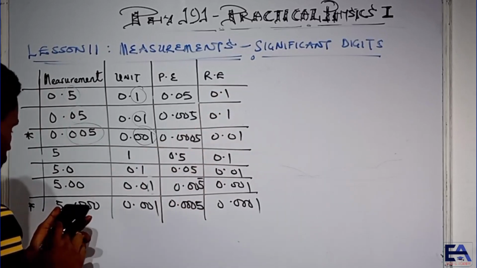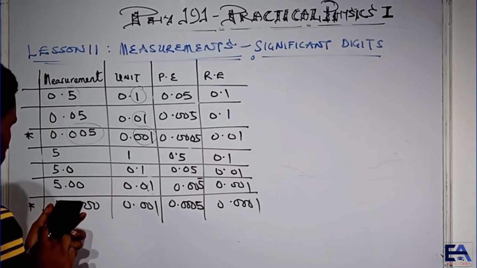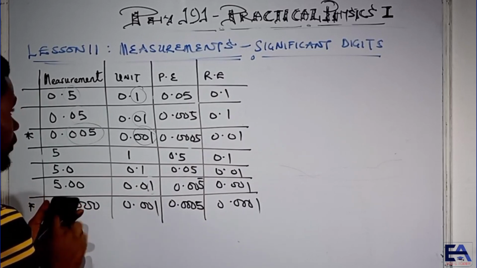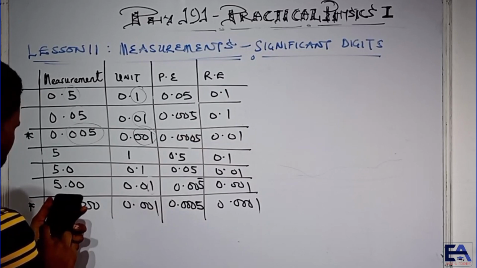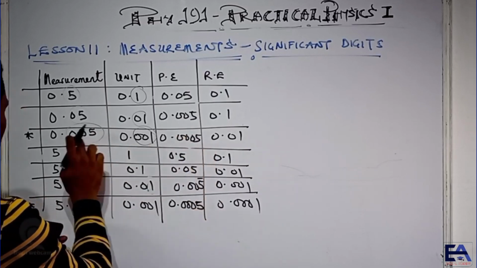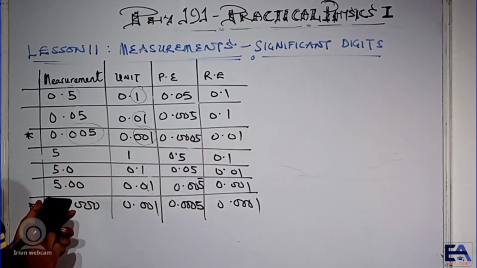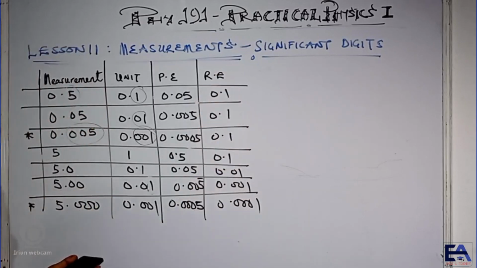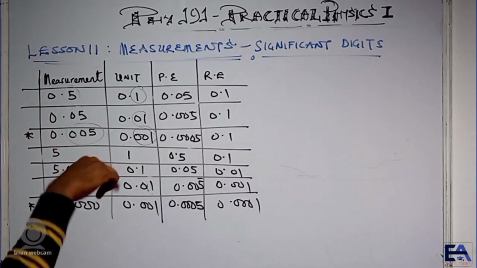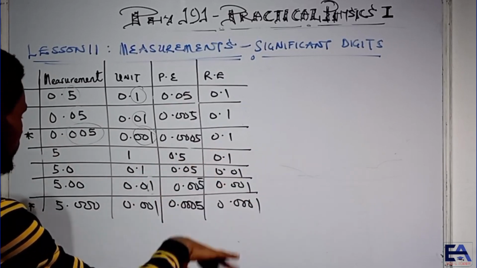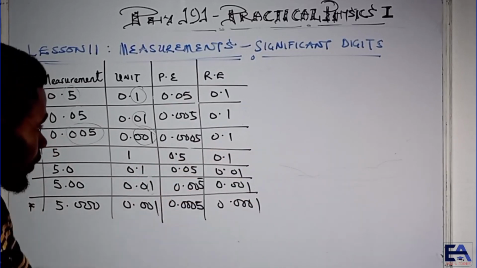Then if you check this one too, it's supposed to be the same. 0.005 divided by 0.05, you still have the same 0.1. Please, I beg your pardon here. That's why I had to recheck the calculation. But from here downwards, all these ones are correct.